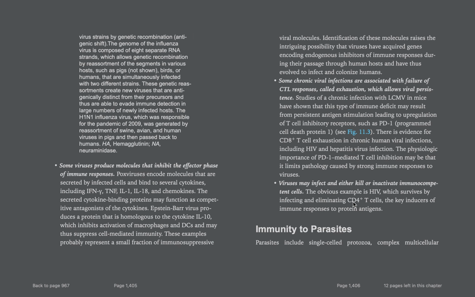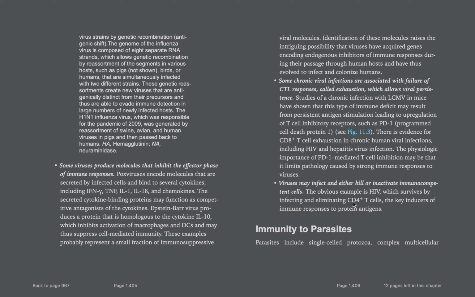Some viruses produce molecules that inhibit the effector phase of immune responses. Poxviruses encode molecules that are secreted by infected cells and bind to several cytokines, including interferon gamma, tumor necrosis factor, interleukin-1, interleukin-18, and chemokines. The secreted cytokine-binding proteins may function as competitive antagonists of the cytokines.